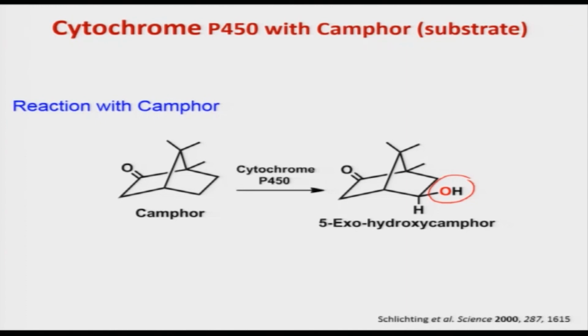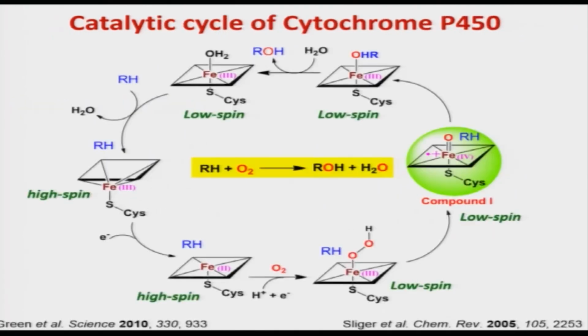So, the protein chains are responsible for the stereospecificity and also for controlling the rate of these transformations. Okay. So, we will see in the next few slides more details about it.